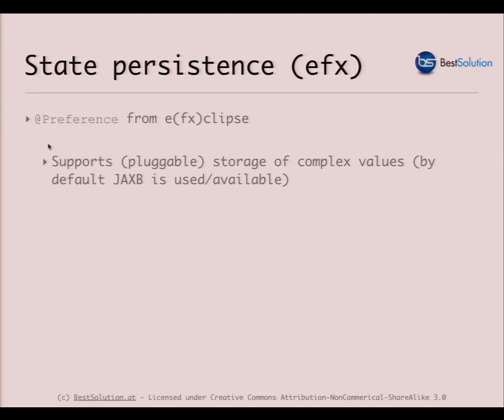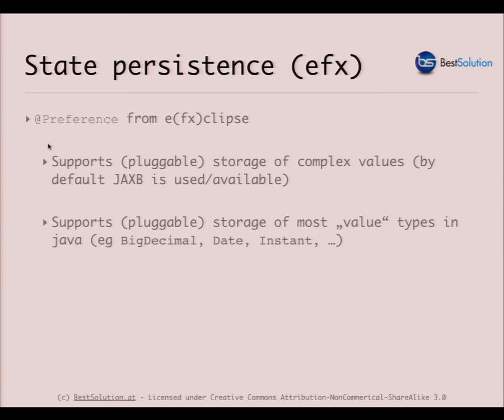It's pluggable, so if you don't like JAXB, use your own serializer. By default it allows me to store value types like a BigDecimal, an Instant, all the basic value types that you have in the Java system, most of the time anything that has a valueOf factory method.